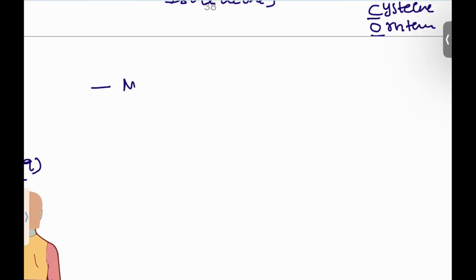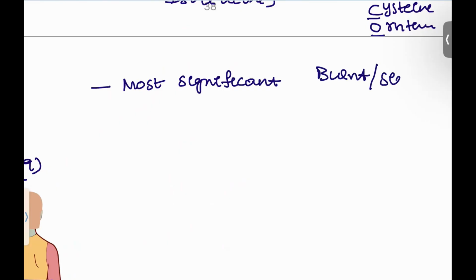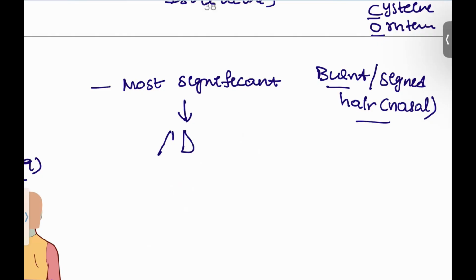The most significant is burnt or singed nasal hair. So this will lead to pulmonary compromise. Eventually, the patient will land into acute respiratory distress syndrome.